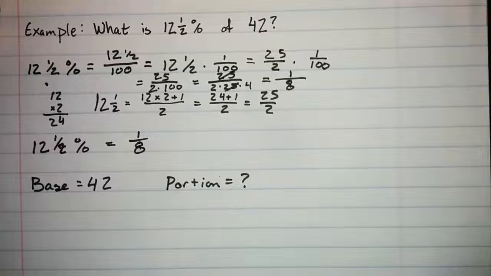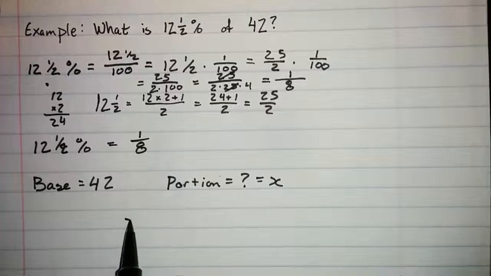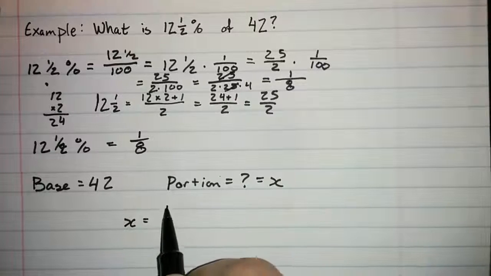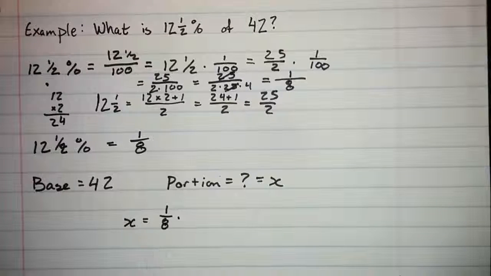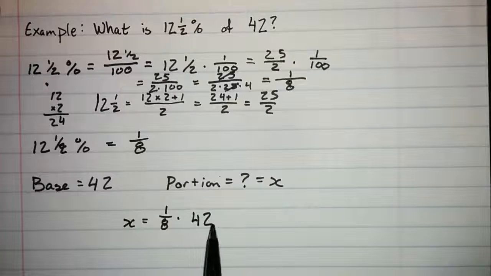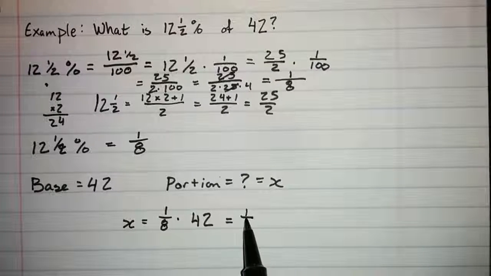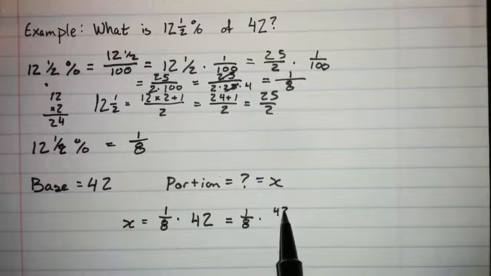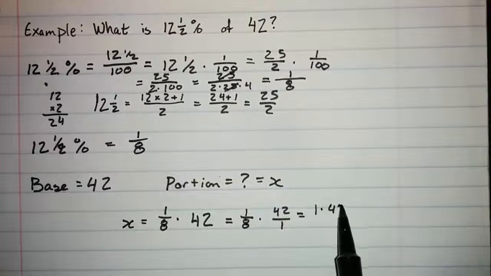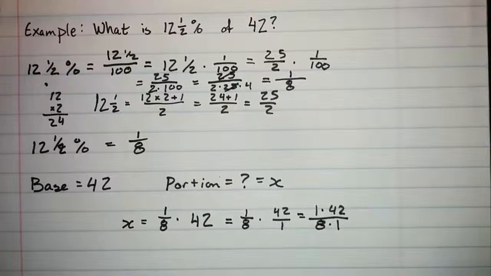So we write our percent equation. The portion, we'll call it x, equals the percent expressed as a number times the base. Okay, so this is just a matter of arithmetic. 1/8 times 42, that's 1/8 times 42 over 1. 1 times 42 over 8 times 1.